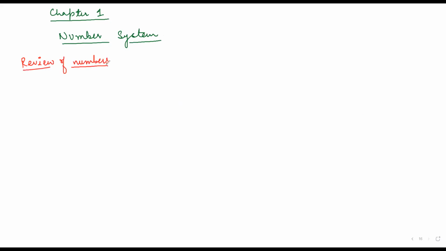Now you must have heard about different names, that is integer, whole number, rational number, right? Natural number, prime number, even number, composite number. So many types of numbers. Now how they are related to each other.